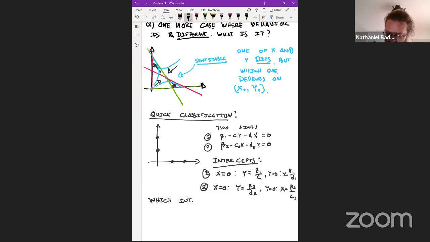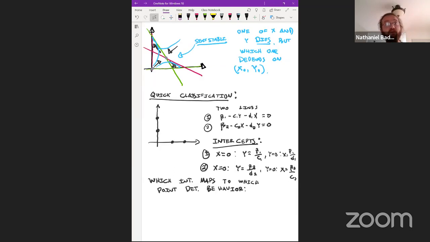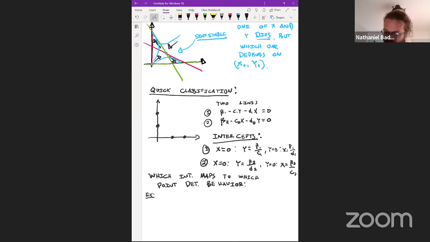Which intercept maps to which point determines behavior. So for example, if looking at the y-intercepts, right?